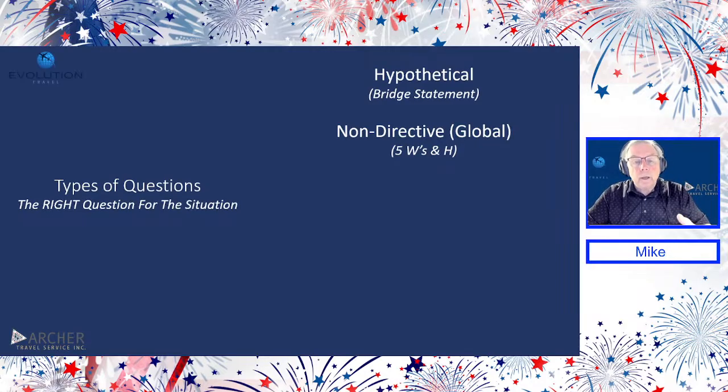For you left of the line people, this is going to be a piece of cake for you because you are natural questioners. You ask questions rather than make statements. So this part of the selling process is going to be really, really easy for you. When we get to the presentation side on lesson 7, it flip-flops. The right of the line people are going to be really comfortable because they get to do a lot of the talking.